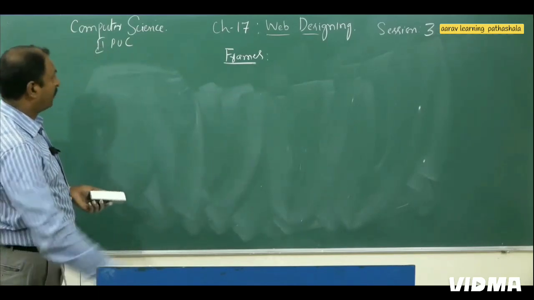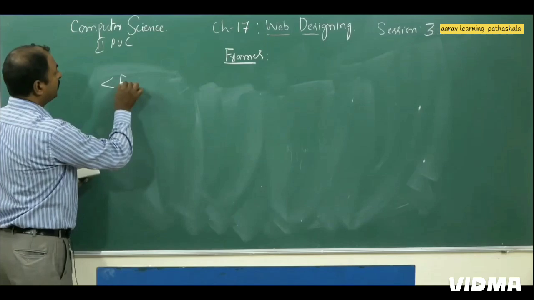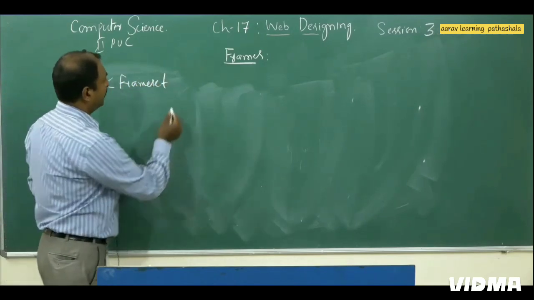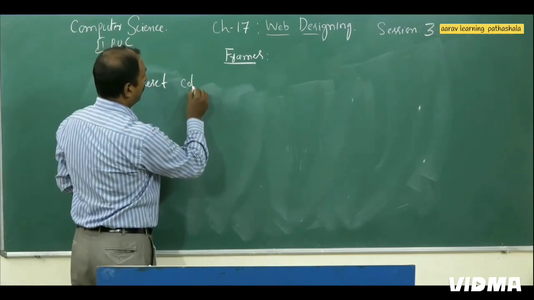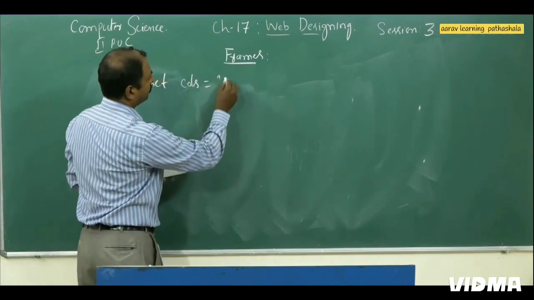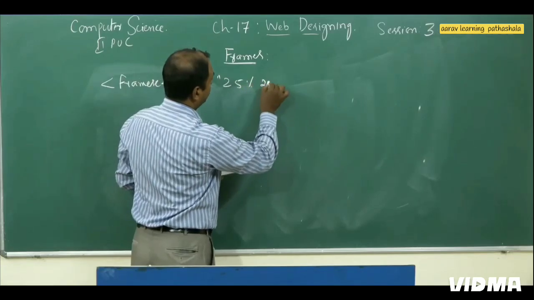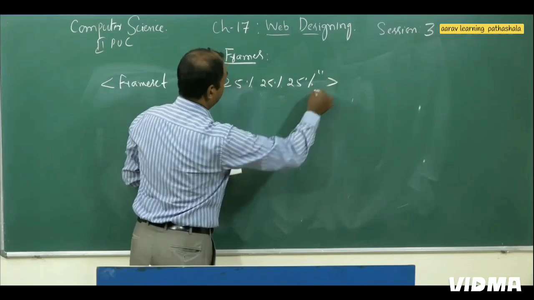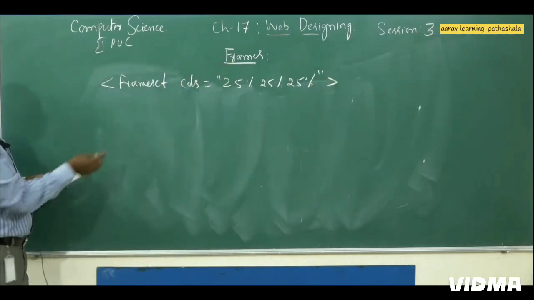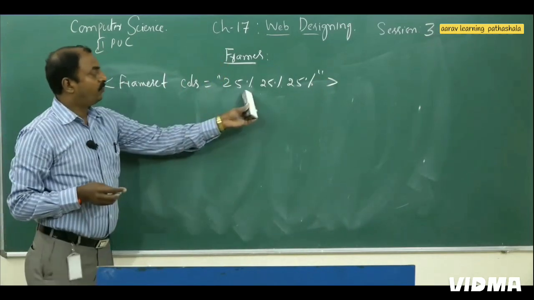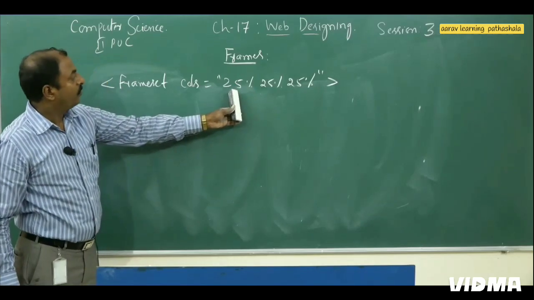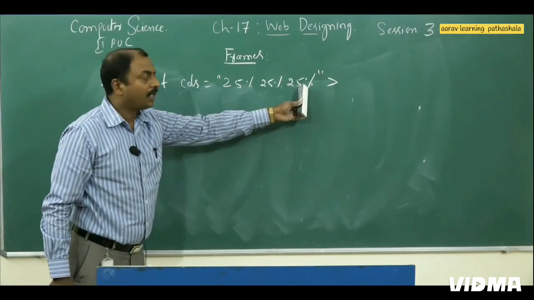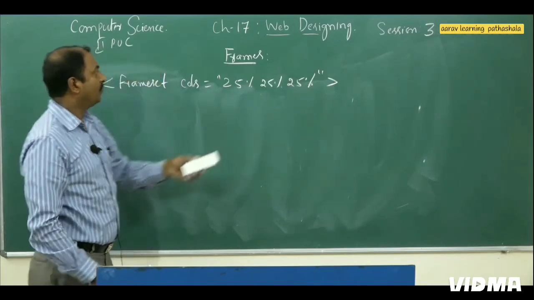For example, I'm going to write here a frameset, dividing columns equals 25%, 25%, 25%. I am closing this, and the first line shows the number of columns: 1, 2, 3. There are 3 columns in this frameset.